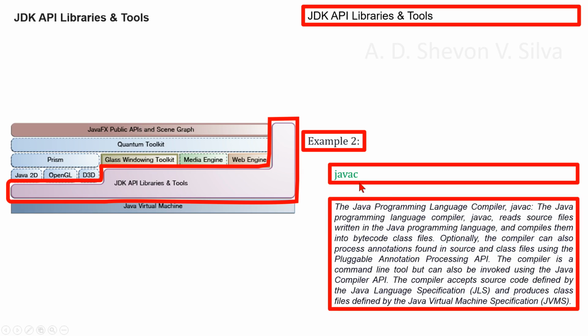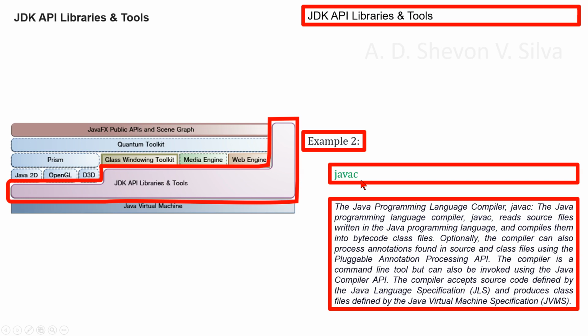As example 2, we can consider javac, the Java programming language compiler. The compiler reads source files written in the Java programming language and compiles them into bytecode class files. Optionally, the compiler can also process annotations found in source and class files using the pluggable annotation processing API.